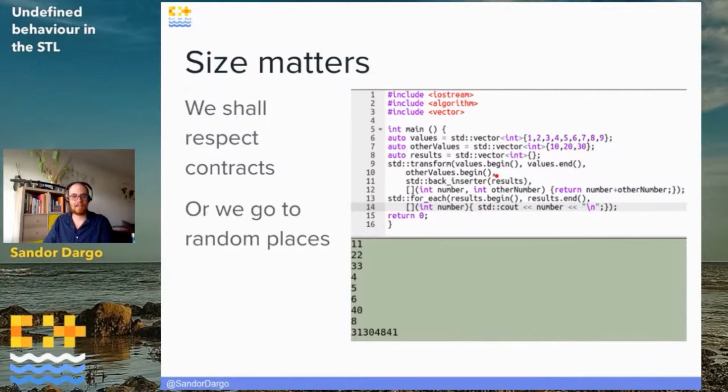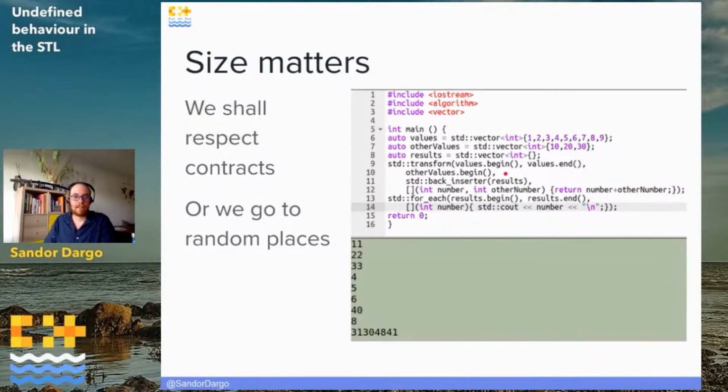It can't check that the second range contains at least as many elements as the first one. It's your job as a user, as a caller of this API, to make sure that you pass in enough values.